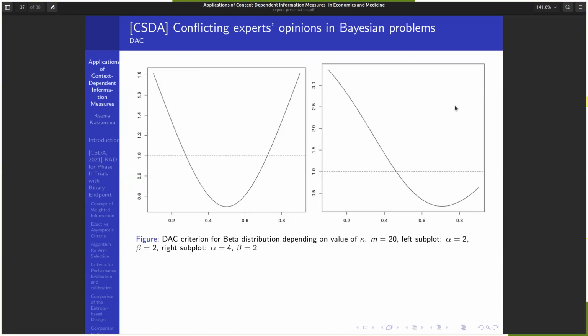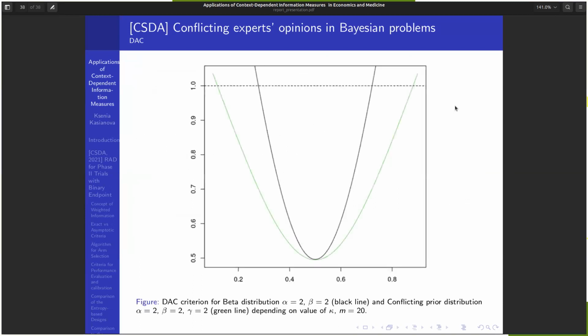Here you can see the data agreement criterion for the beta distribution for different values of alpha and beta. And here we are adding the line for the conflicted prior distribution.